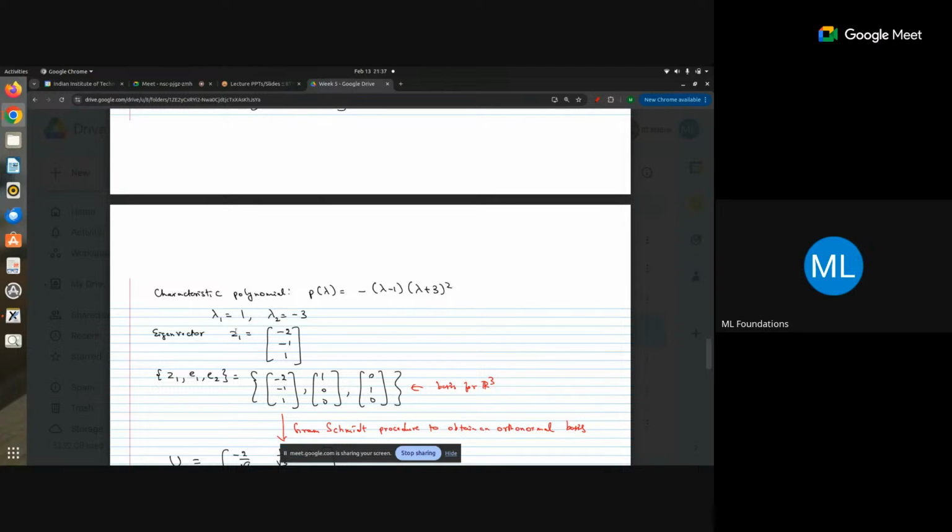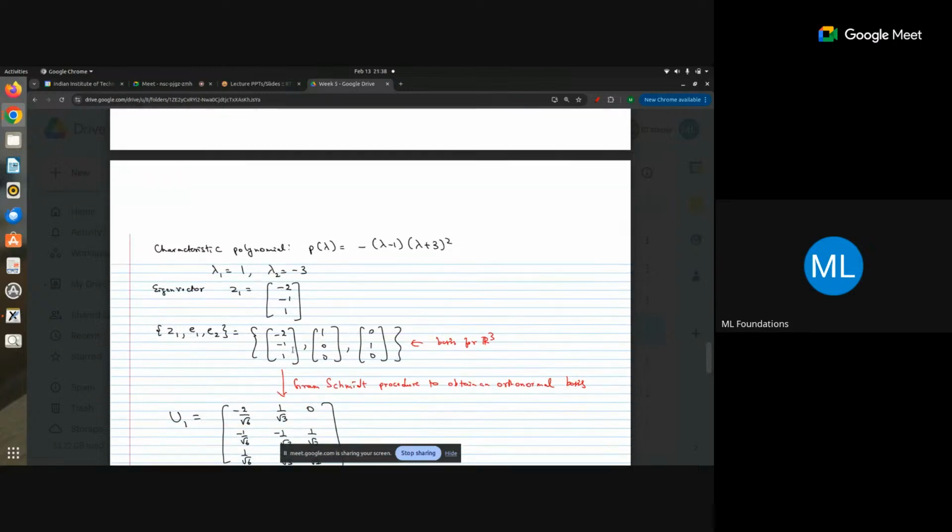The eigenvector corresponding to lambda 1 equals 1 comes out to be, let's say, minus 2, minus 1, and 1. And we got some basis here, let's say 1 0 0 and 0 1 0.